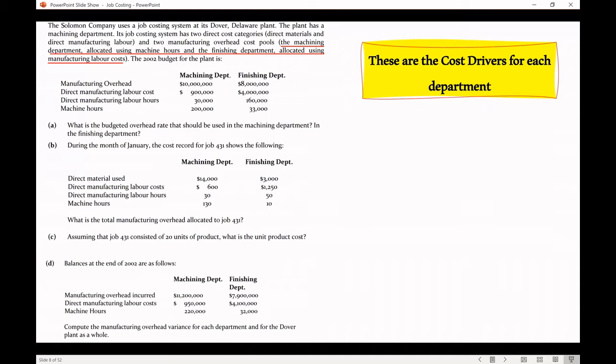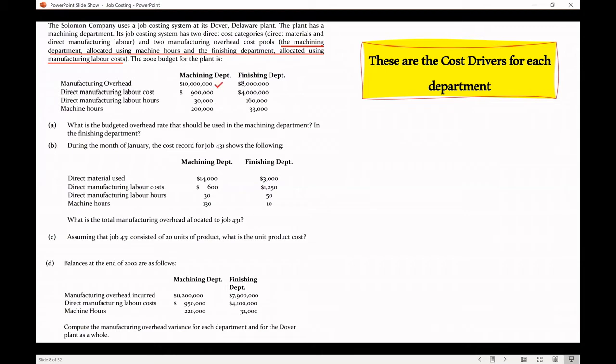For the machining department, it's going to be our machine hours, right? And for the finishing department, it's going to be our direct labor cost. What now do we need to find? Based on the information we have here, we need to find total overheads.